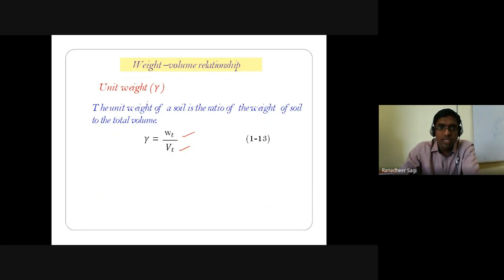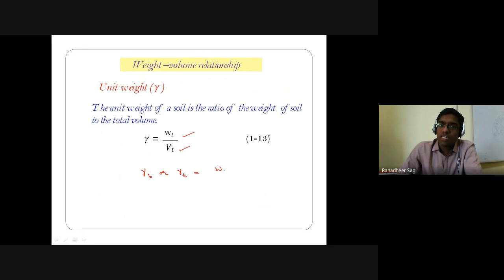Okay, so whenever you see gamma, or sometimes gamma B, or sometimes gamma T, where gamma T or gamma B is nothing but what we call the bulk unit weight or the total unit weight, which we can also understand as the unit weight of your partially saturated soil. So which we indicate as the weight of that particular soil which is in partially saturated condition, or in the moist condition, moist in the sense which is not fully saturated, a partially saturated soil.